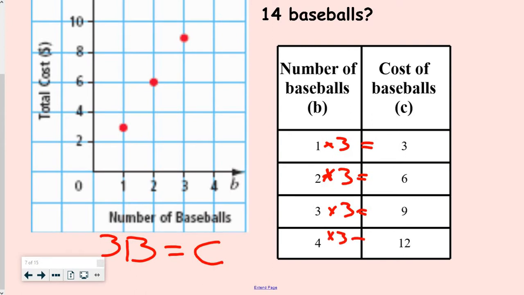So we know that if we have 14 baseballs, it's 3 times 14. 10 times 3 is 30 and 4 times 3 is 12, so that must equal 42. So $42 for 14 baseballs.